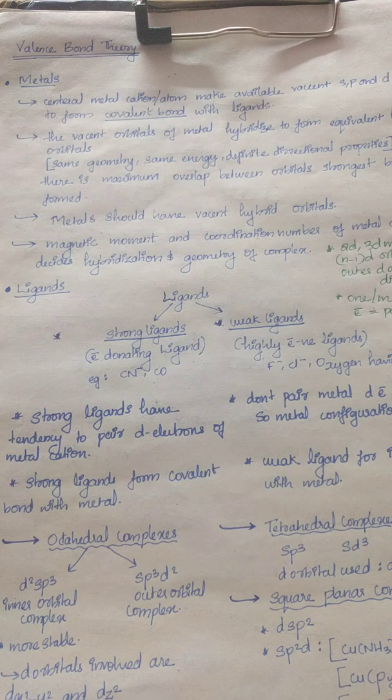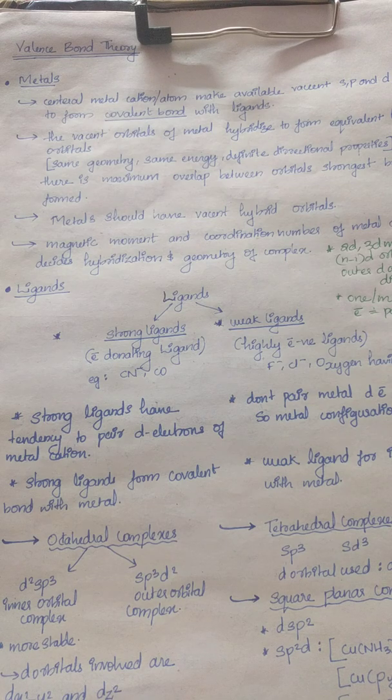So moving on to valence bond theory. We can see it as two parts. One is some points describing the metals, and the other is some points describing the ligands. First, moving on to the metals.